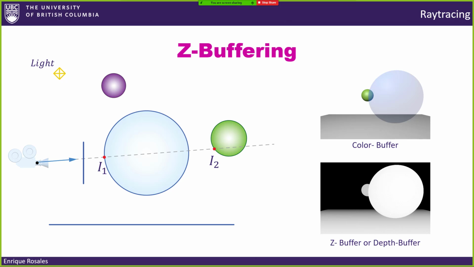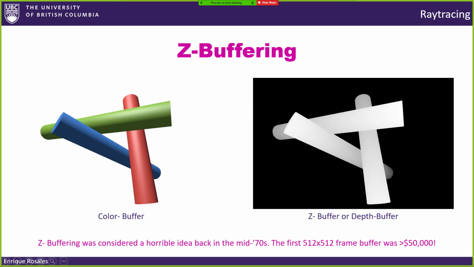A depth buffer is a chunk of memory in which, for each intersection you get in your rays, or for each fragment in real-time rendering, you save the depth for that particular object. So that is Z buffering. Again, you have two chunks of memory, one in which you're saving the color and the other in which you're saving the depth.